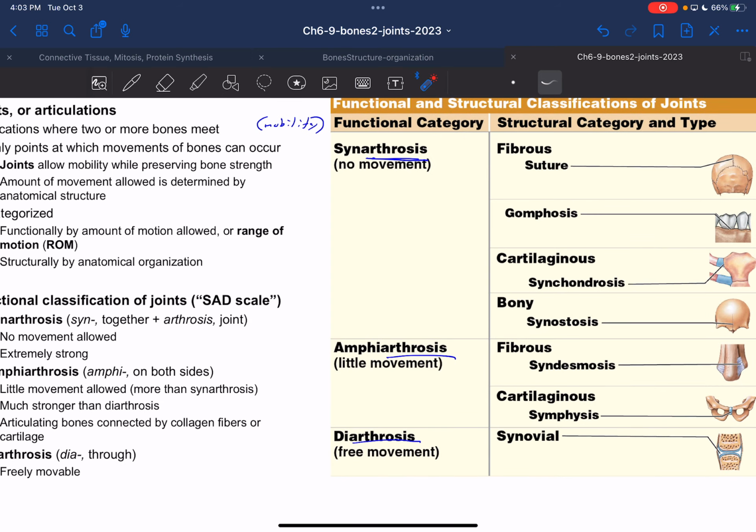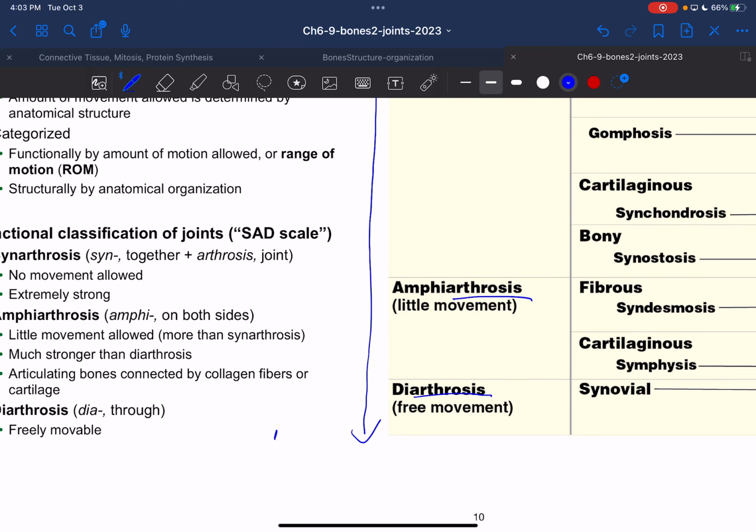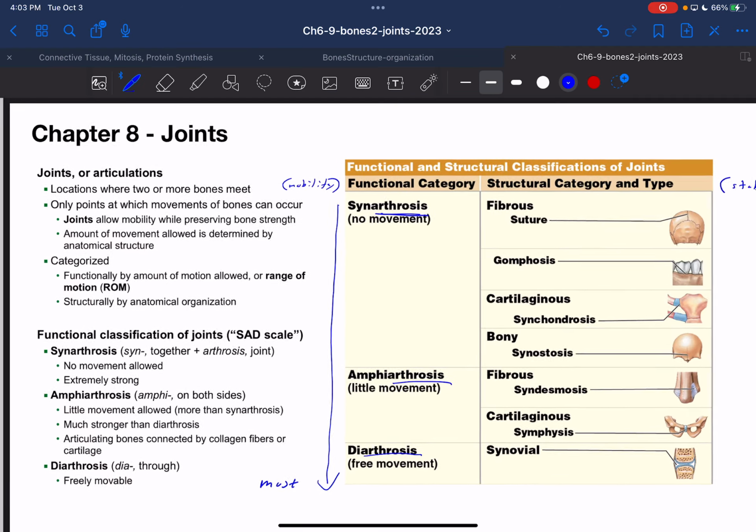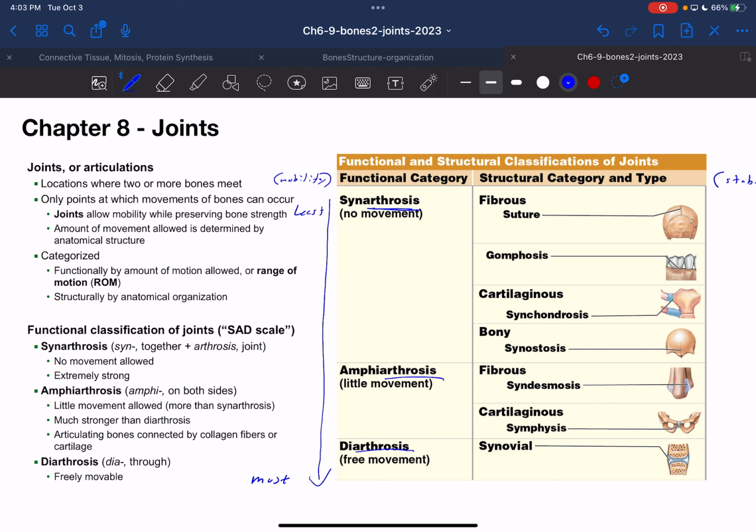And so this really becomes a scale. I'm going to draw an arrow here, going down, pointing that way. And again, this is going to be most, and this is going to be least.